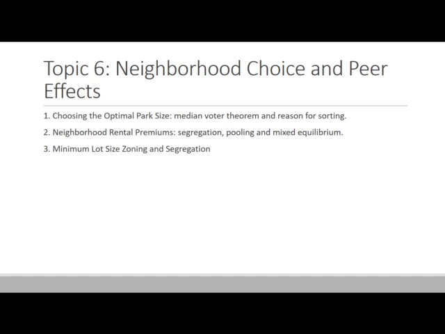Basically, if poor people really want to live in a rich neighborhood and there's no restriction on the size of the house, then they can always try to be there by living in a relatively smaller place.